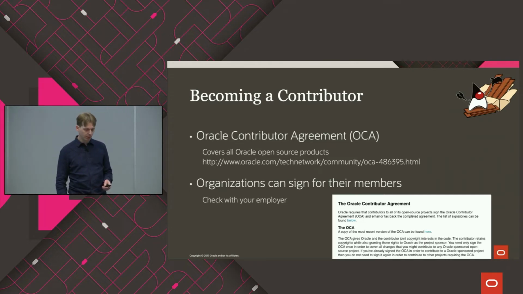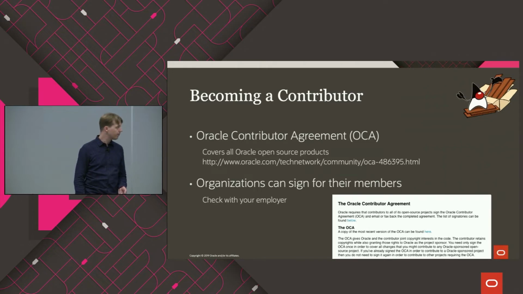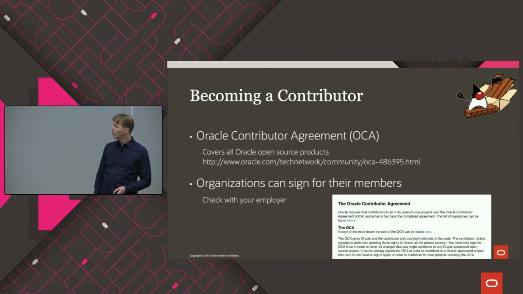You will still have the copyright, but you're allowing Oracle to also use it. You can sign this as a private person, or an organization can actually sign it for its members. So it could be the fact that you actually already are included in this if your employer, for instance, has signed this agreement already.